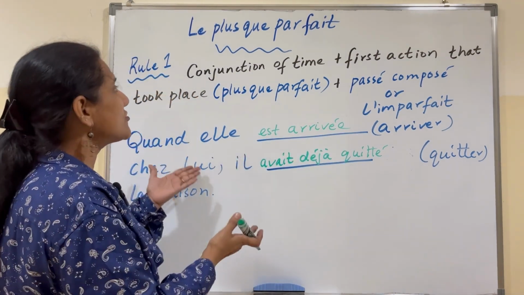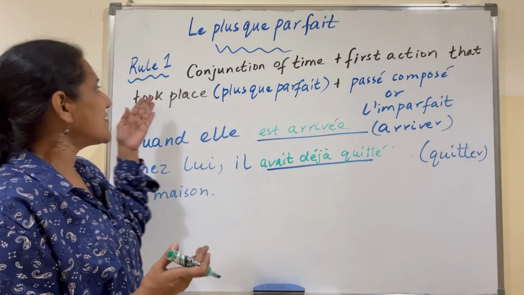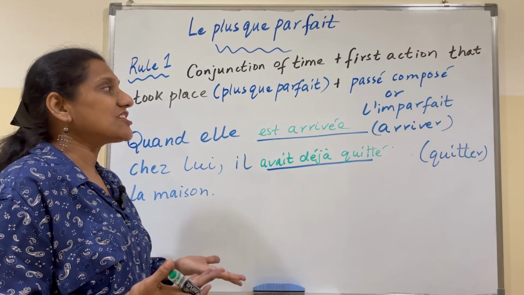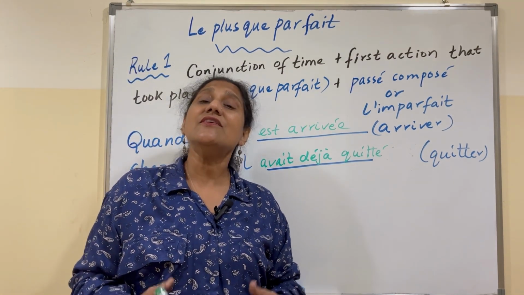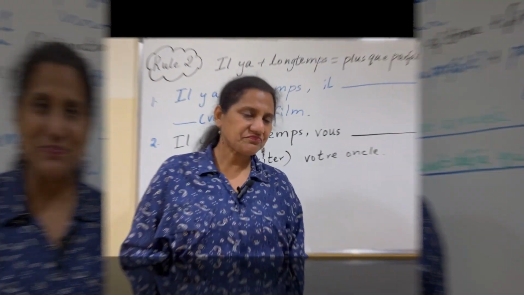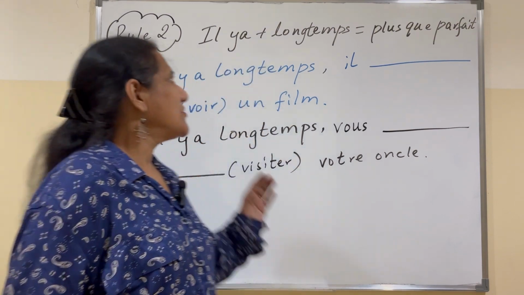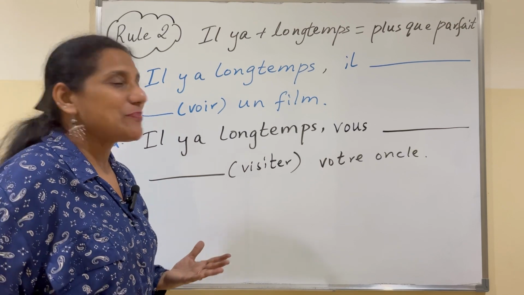Now, the first rule: with a conjunction of time, the first action that took place is going to be plus-que-parfait, and the second action will be either passé composé or l'imparfait depending on the situation. Let's look at the second rule. With il y a longtemps, we use plus-que-parfait.